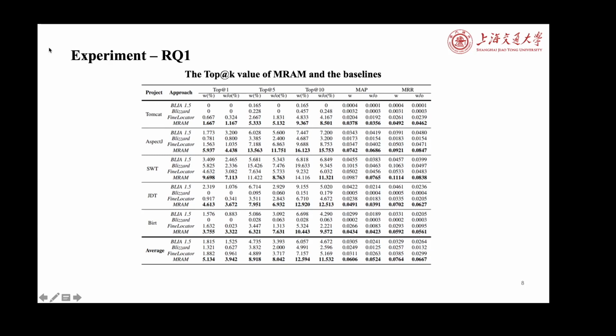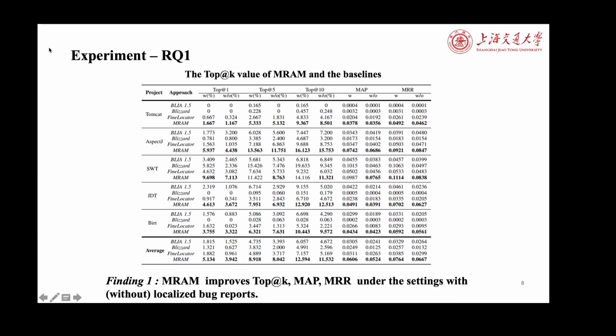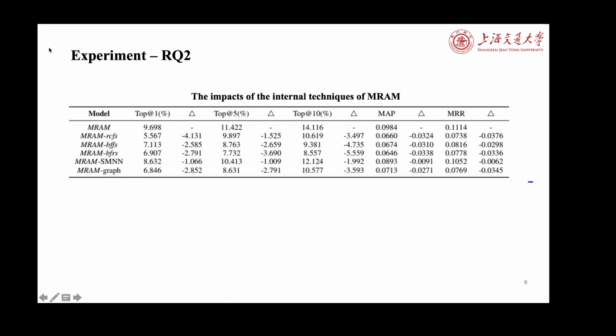As the table shows, MRAM improves top K, MAP, MRR under the setting with and without localized bug reports. One reason is that MRAM considers both the implicit and the explicit information. It provides more effective fault diagnosis information.